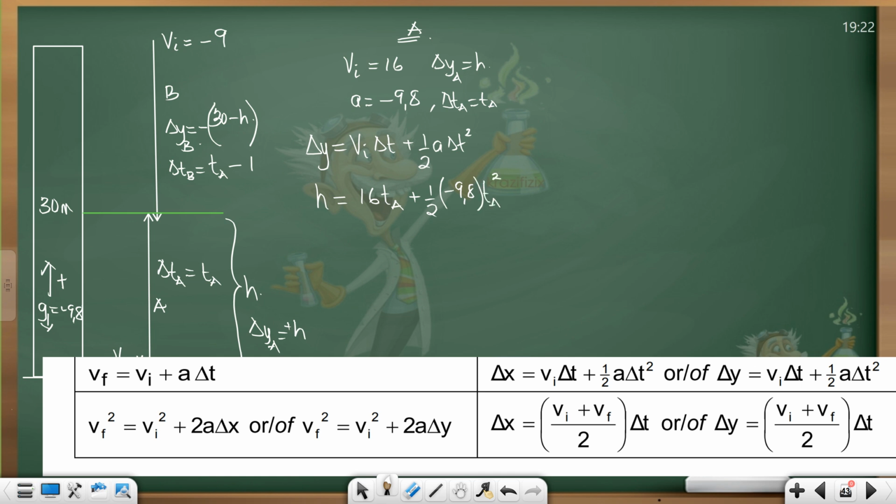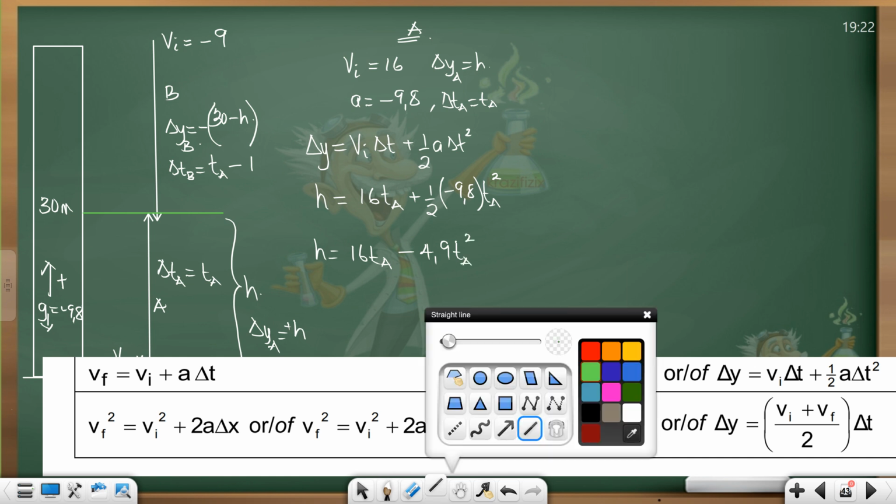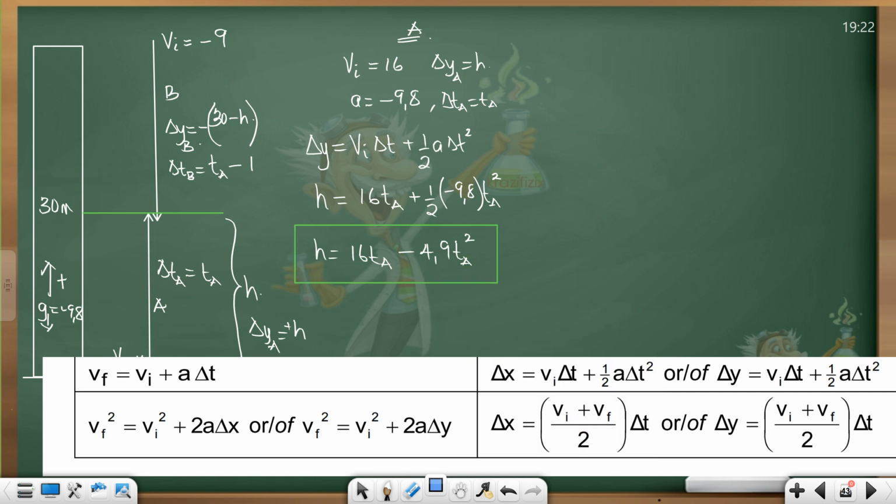Oh, beautiful. What do we have? h equals 16 tA minus 4.9 tA squared. Guys, do you notice I have 2 unknowns? Once I see 2 unknowns, I'll stop. A simultaneous equation is somewhere. Does that make sense? We're not even forcing.